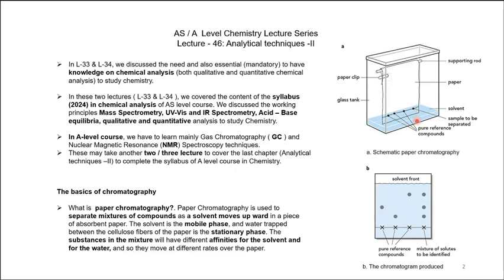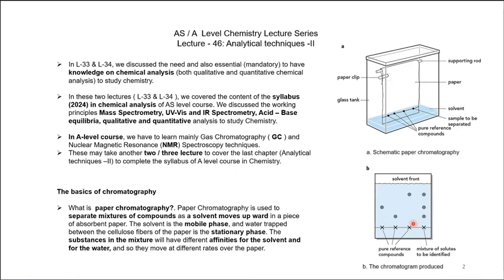So what happens after we start the experiment? We will see that the chromatogram is like this, that we separate the sample solutes at different times, and that's what we call retention time.